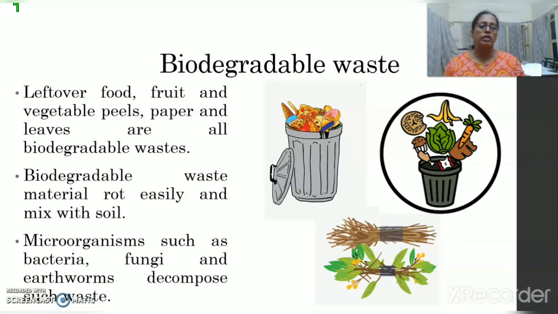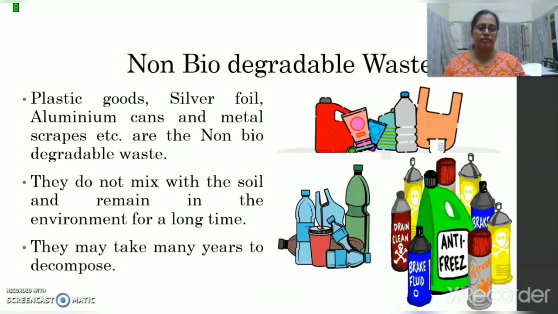Microorganisms such as fungi, bacteria and earthworms decompose these types of biodegradable waste. In these pictures you can see leftover food, vegetable peels, rotten vegetables and dead plants. These are all biodegradable waste.